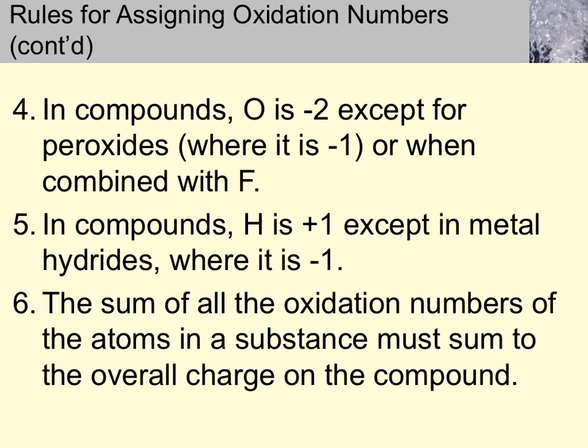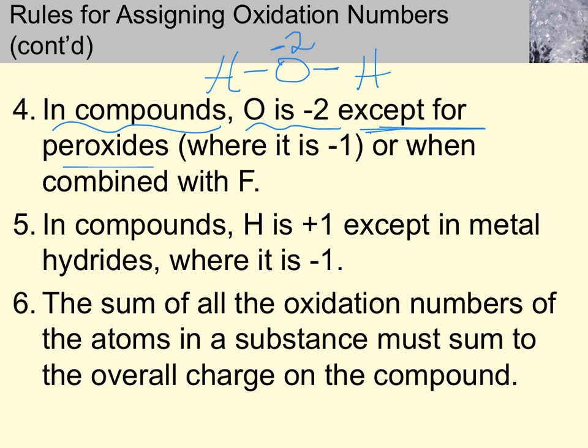All right, onward with our rules. If you have a compound, so let's say H2O, I'm just going to write it out, HOH. And let's say you're assigning oxidation numbers to every atom. This rule says that when you get oxygen in a compound, it is -2, except if the compound is called a peroxide.